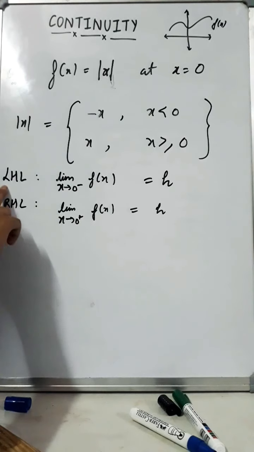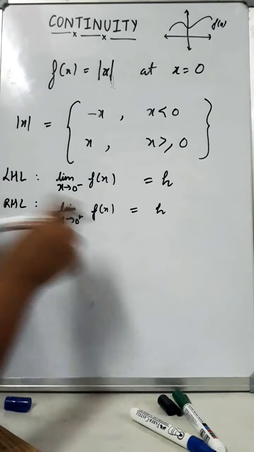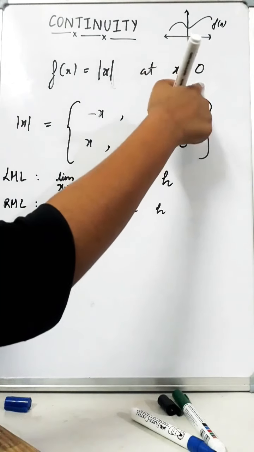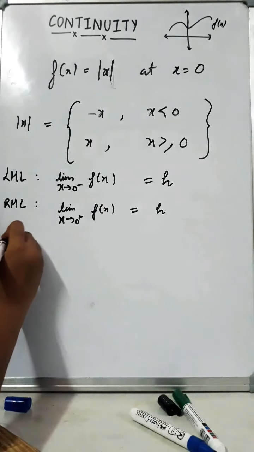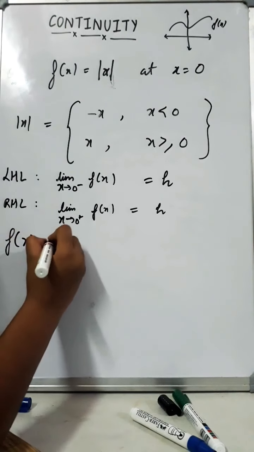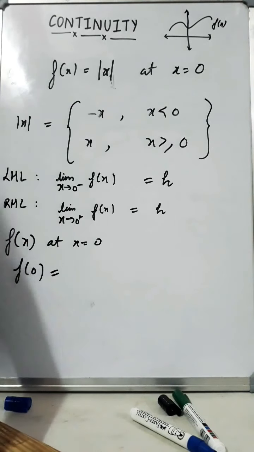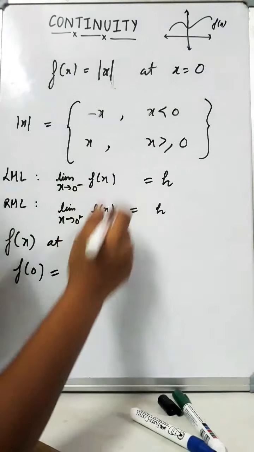Alright, now we got the value at the left hand side and the value at the right hand side. Now we will find the value of the function at the point where we have to check the continuity. Now we will find the value of f(x) at x = 0. Right, so f(0) is going to be what? 0 only.